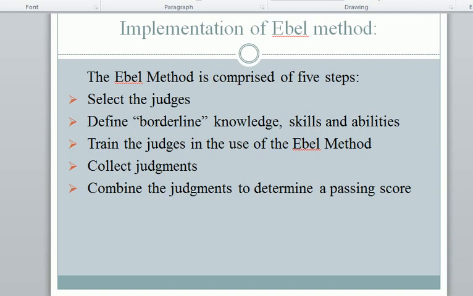Briefly, we can say Ebel used 5 steps in this method.